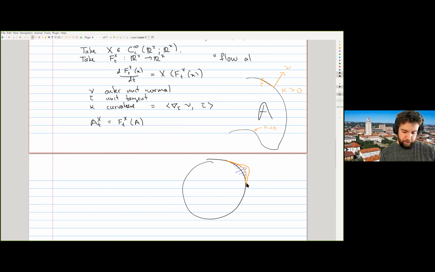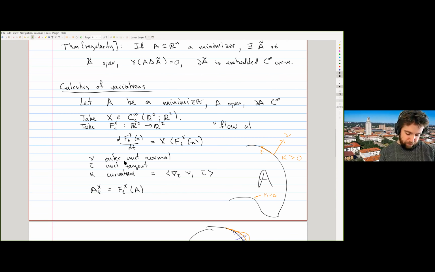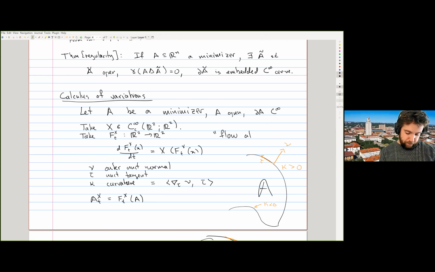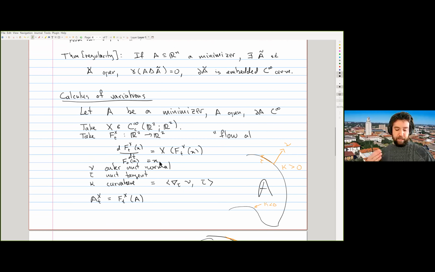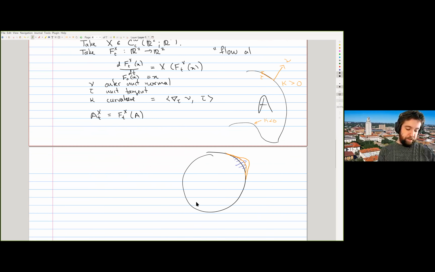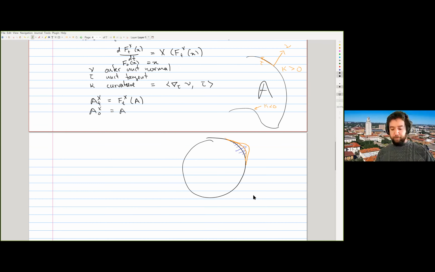I would mark down my undergraduates if they didn't do that. Yes, the flow starting at time 0 is the identity function, so that's why it's the identity when t is 0. Let me write that also. I start from A, and then I run t positive or negative. Negative is fine too. And I get a smooth one parameter family of perturbations of my set.